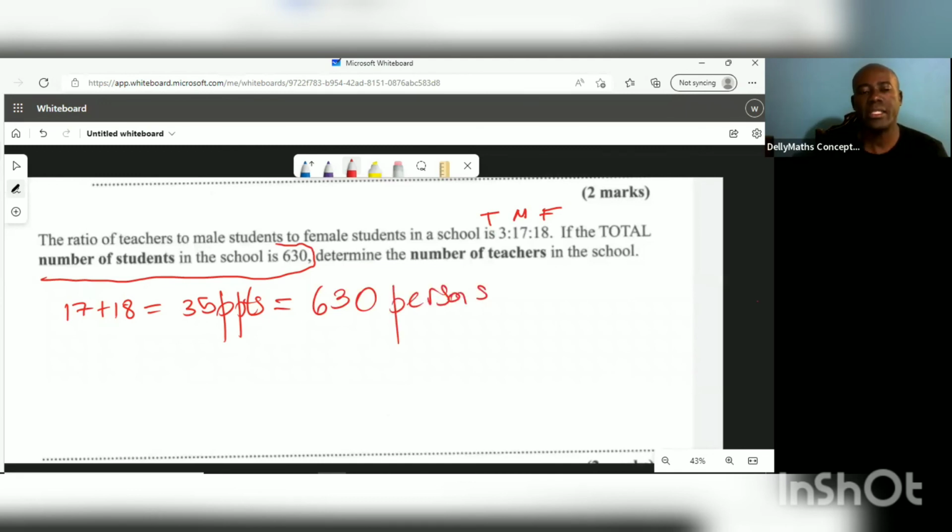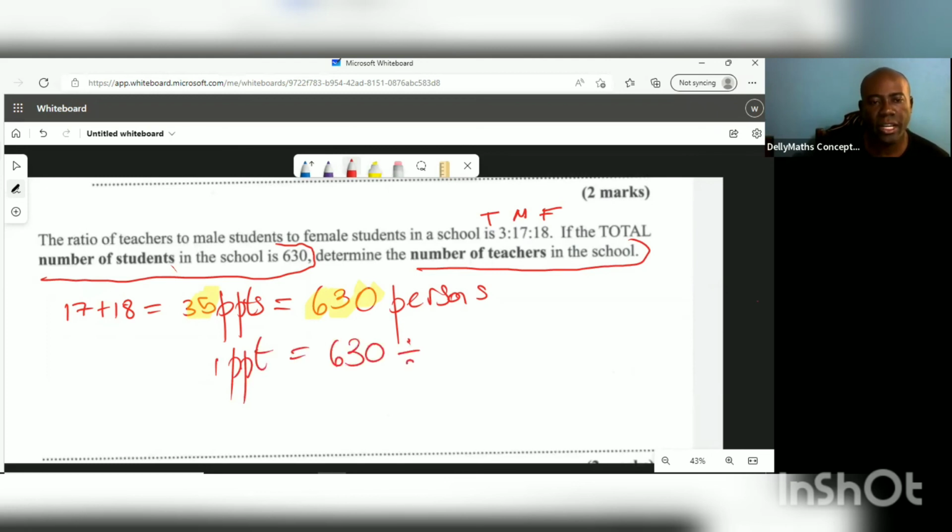Now, the question is saying that we need to know the number of teachers in the school. We're going to utilize this idea. One proportional part is equal to 630 divided by 35, and we get 18. So this is saying that one part is 18.